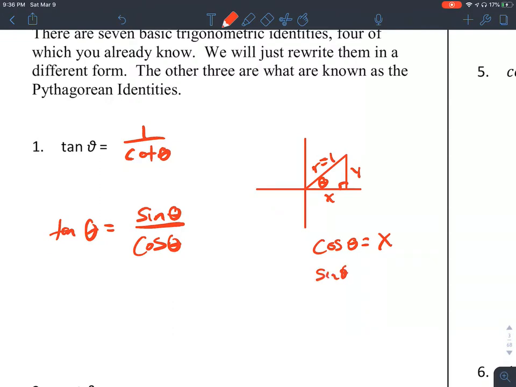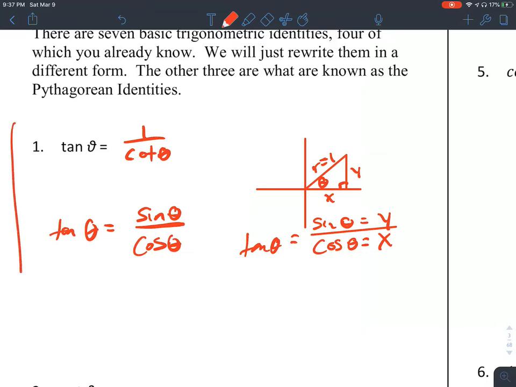We know that sine of theta is y over r, which is y over 1, which is y. Tangent, we know, is the opposite leg over adjacent leg, y over x. Sine is y, cosine is x. That's why this is equal to tangent.